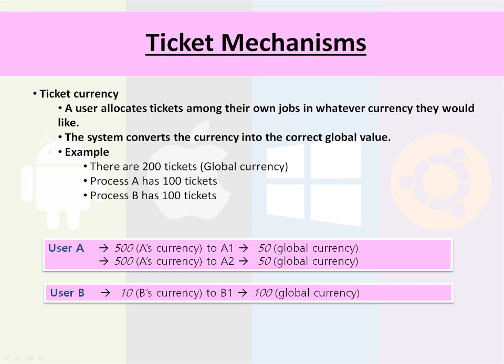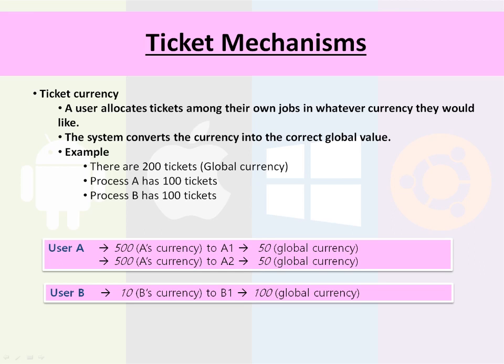When a user allocates tickets amongst their own jobs, it can be in whatever currency they would like. But the operating system must then convert that currency into the global currency, the currency that the operating system actually uses.